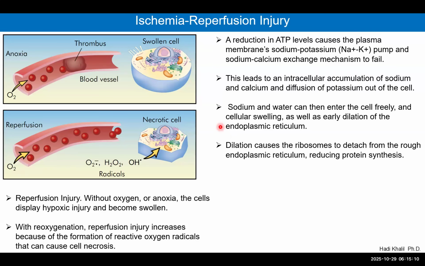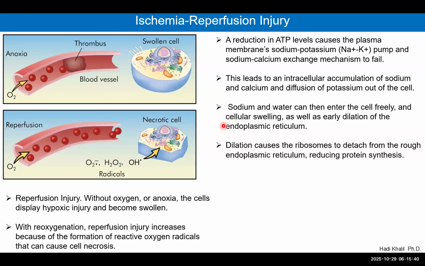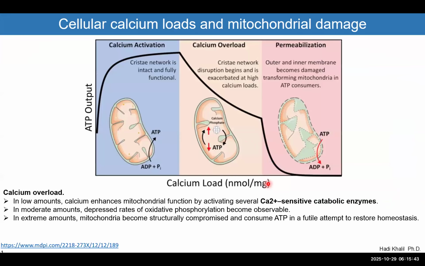But the swelling comes with effects that we just mentioned in the beginning: now the sarcoplasmic reticulum will swell. And if there are ribosomes attached to the rough endoplasmic reticulum, these will detach. So you automatically block the protein synthesis at the level of translation. The other thing is that the mitochondrial swelling will drastically cause more decline in the levels of the ATP.